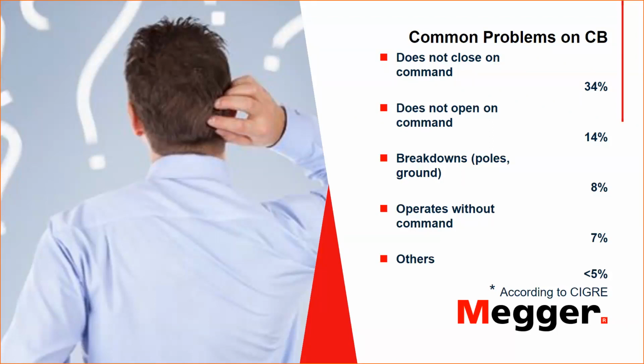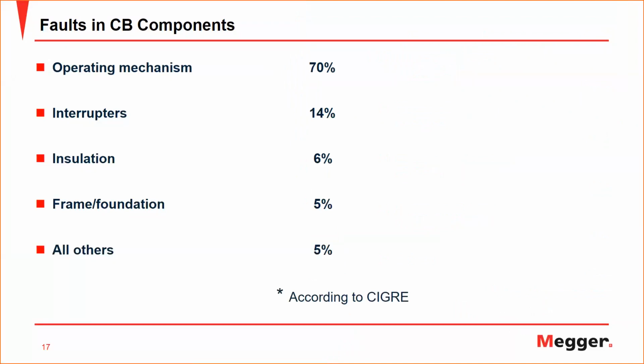According to the same study, the main component that becomes faulty is usually the operating mechanism, reaching up to 70%. So it is very important to do all these mechanical tests, and I will explain what mechanical tests we have for the circuit breaker to make sure that it is operating correctly.